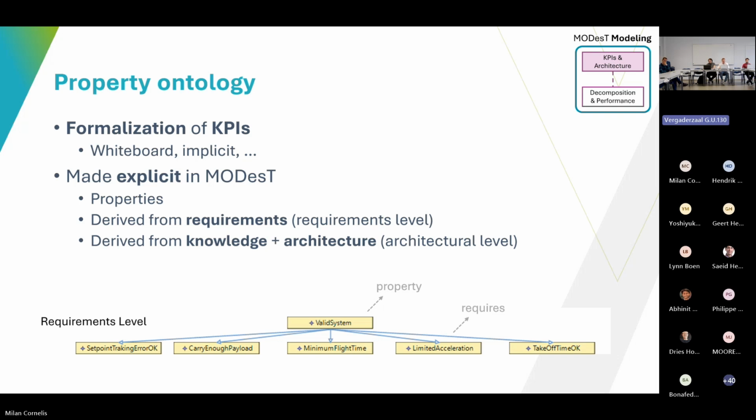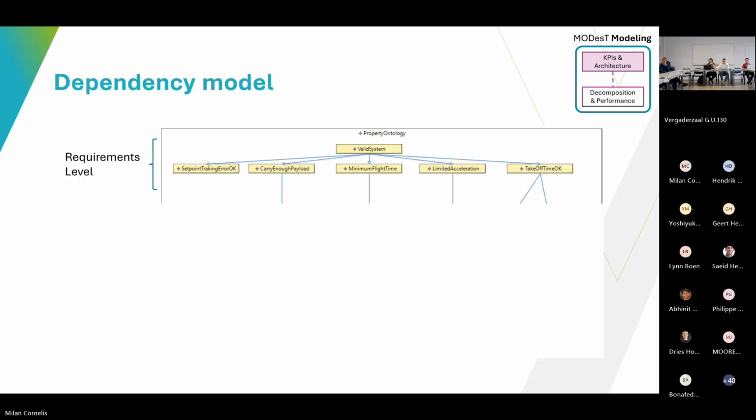Okay, so after reasoning on requirements, you can brainstorm in meetings and so forth, or reason on your own design how you are going to develop the system. So come up with some conceptual designs. And these also have properties, but then at the architectural level. So this information can also be modeled at the KPIs and architectural level in the property ontology. And here we refine the requirements level properties.